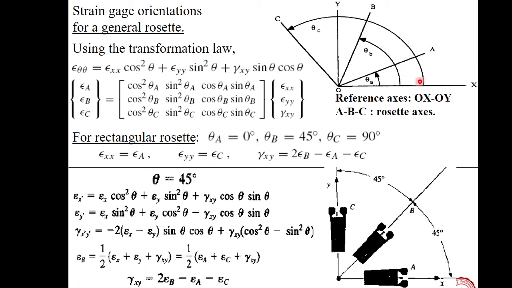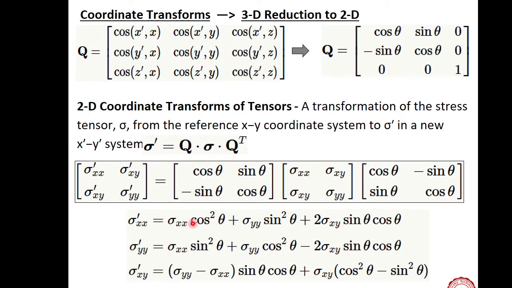And corresponding to that capital X, Y coordinate system, three strain gauges are fixed in directions theta A, theta B, theta C. This is the transformation matrix. This is the general expression as such.